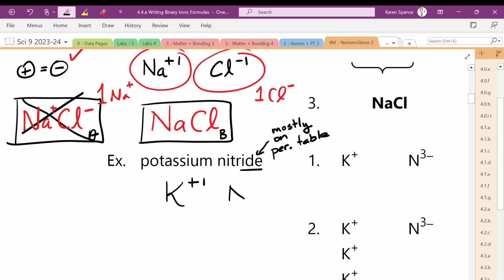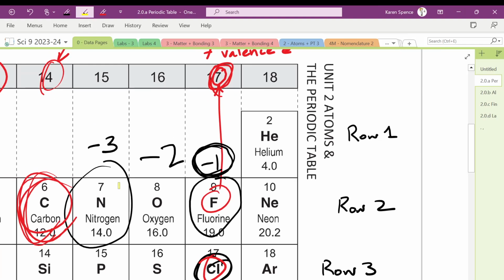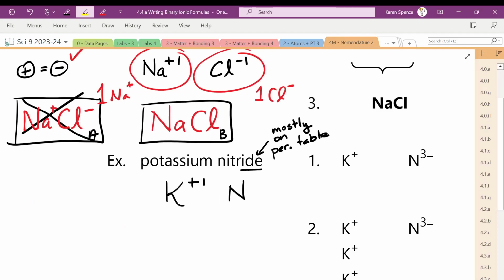Sometimes they won't be. We'll find some of those next day. We go to our periodic table. Nitrogen is here. That's in the column that is -3. Okay? So nitride is -3.